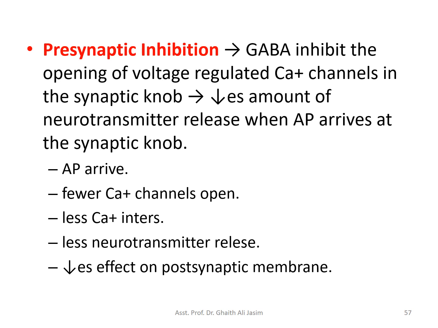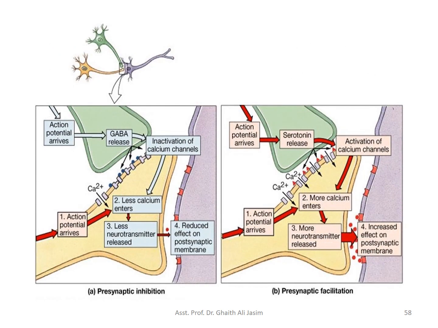Then what happens here, action potential will arrive, fewer calcium channels will open, less calcium will enter, less neurotransmitter will be released by the presynaptic membrane, and the effect will decrease on the postsynaptic membrane. We can see the illustration on the left.